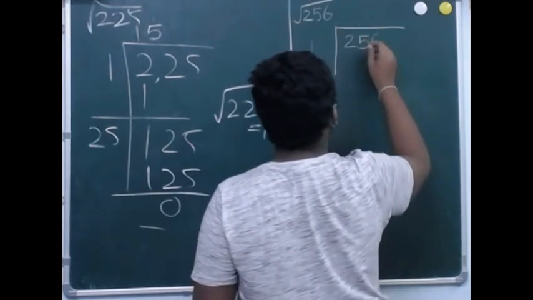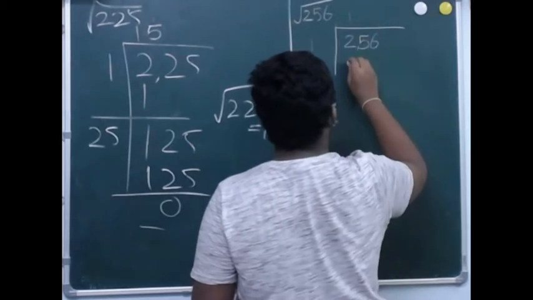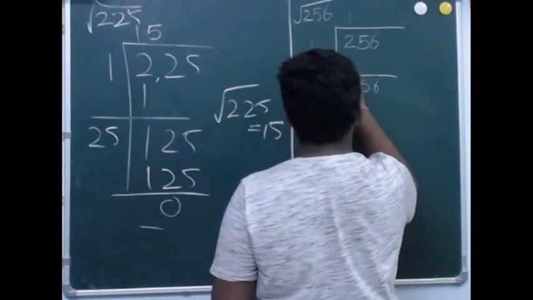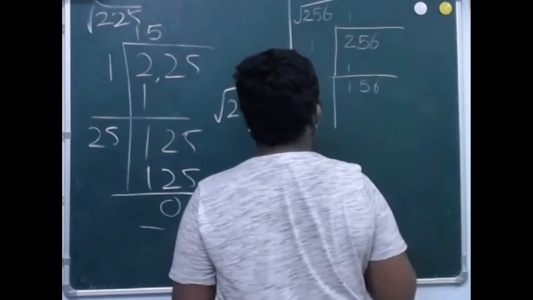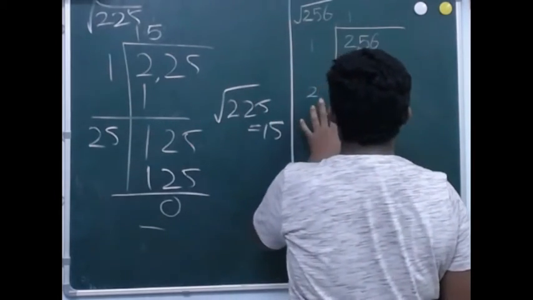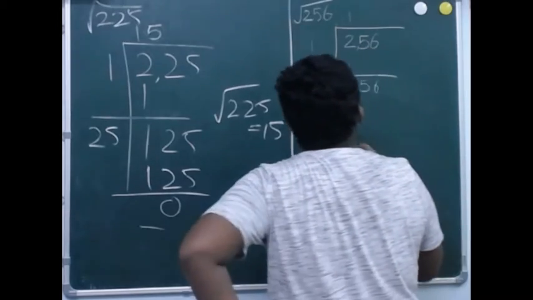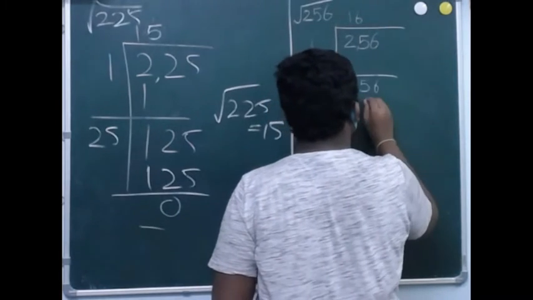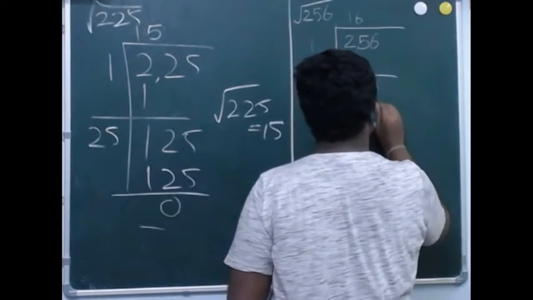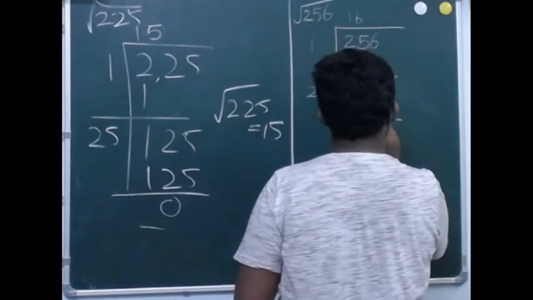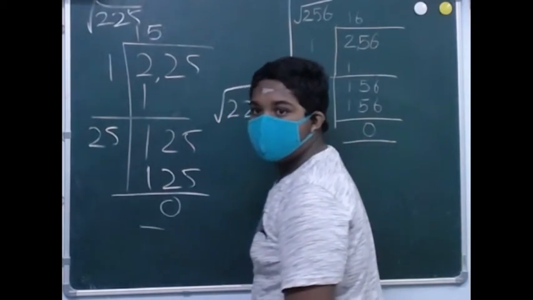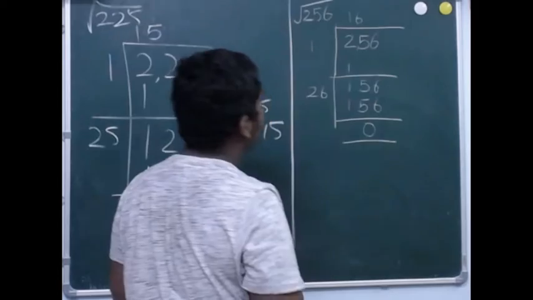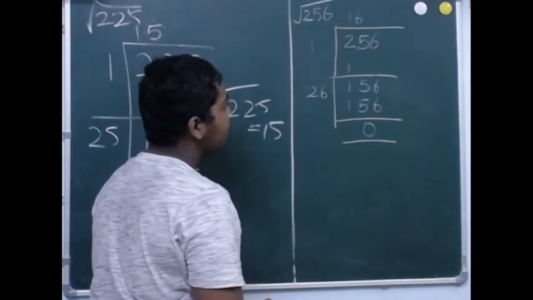Put the comma first. Okay, explain. Write down the answer first. Root of 256 is equal to 16. Write down the answer.